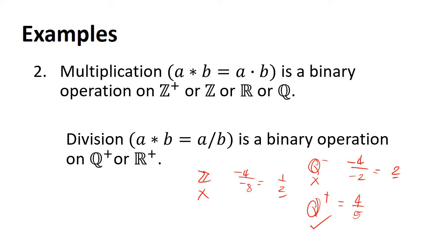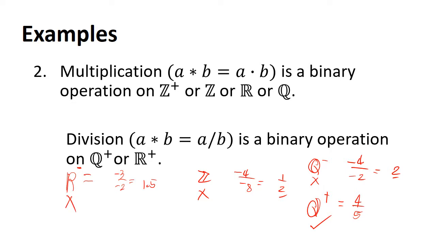On the set of negative real numbers, again, it is the same as the set of negative integers, because if you divide negative 3 by negative 2, you get positive 1.5, and 1.5, yes, is a real number, but it is not a negative real number.